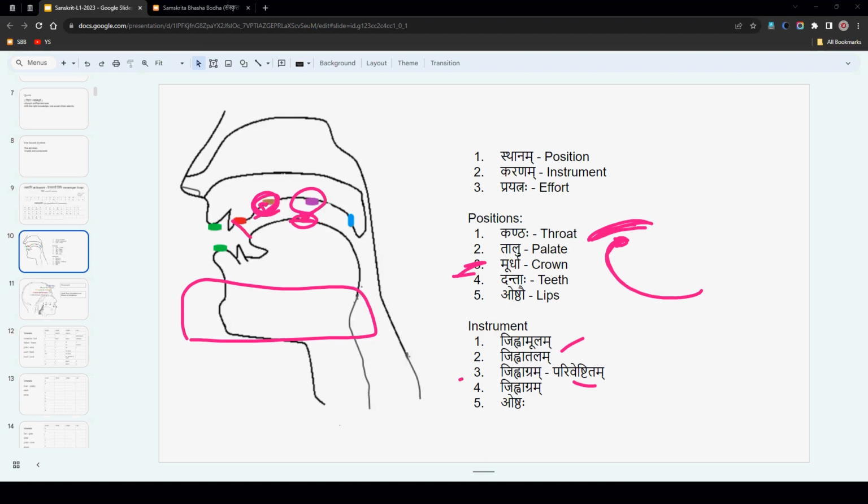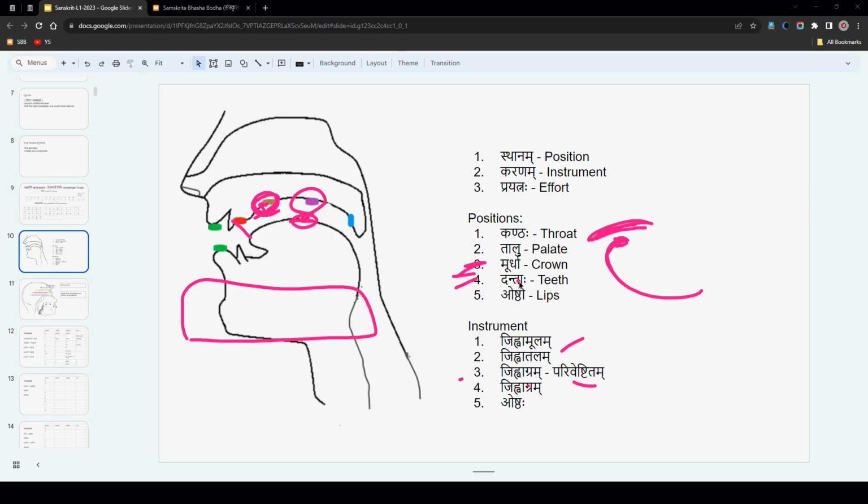It touches the danta, not all the teeth, but the top back part of the top front two teeth. So that is the air blockage between danta and jihvagra.